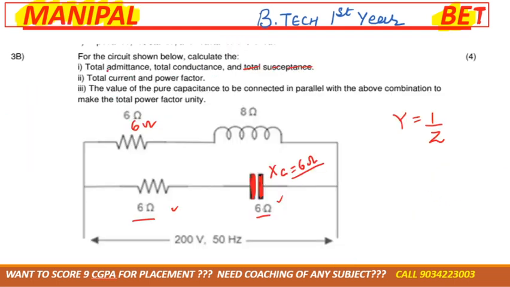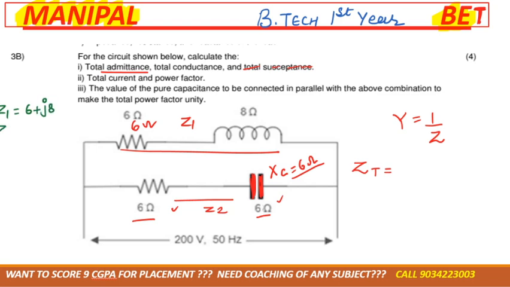Okay, ma'am. How can we solve this question? Total admittance means total impedance ZT. Just consider, right? So Z1 is how much and Z2 is how much? 6 minus something. Then Z1 times Z2 by Z1 plus Z2.